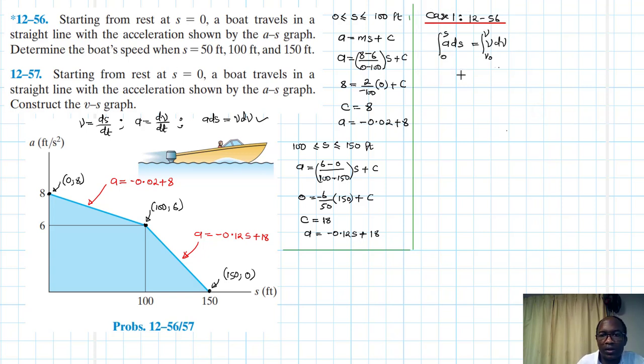Like we said, from s = 0 to 100 feet, we have acceleration equal to -0.02s, sorry, here I forgot an s, plus 8.